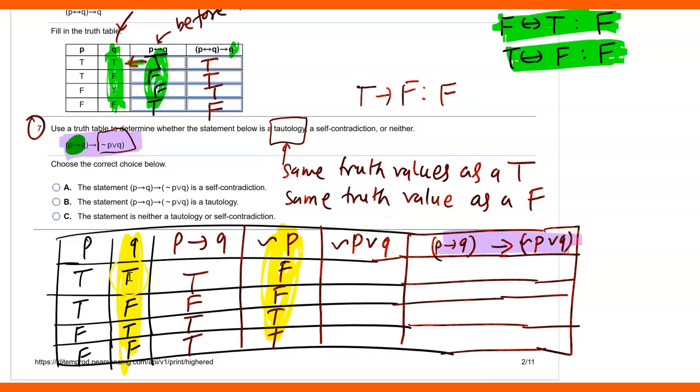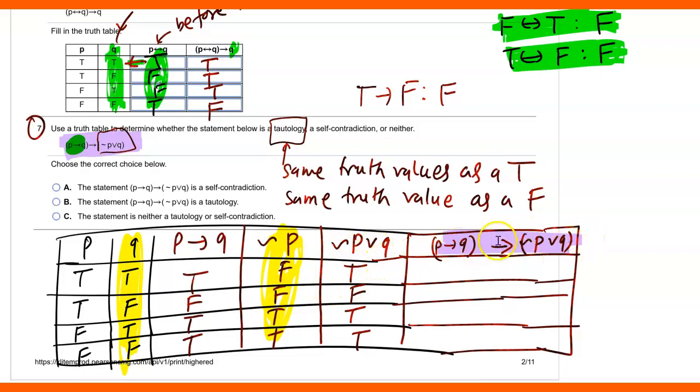Therefore, I'm looking for the truth value for T or F. What's T or F? It's T, right? F or F is the only case where OR is false. T or T, F or T. Notice that in the OR, it is false only if both are false.